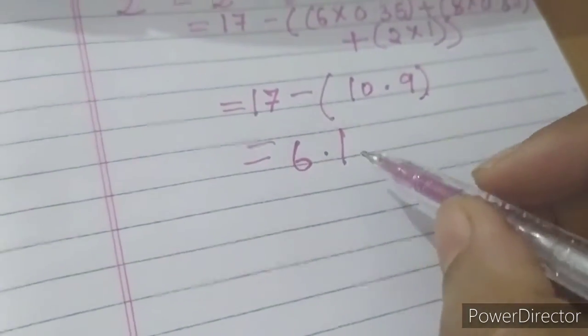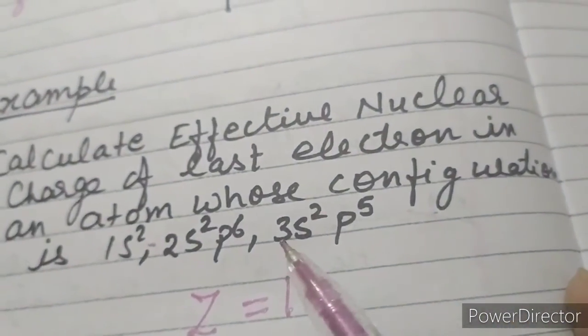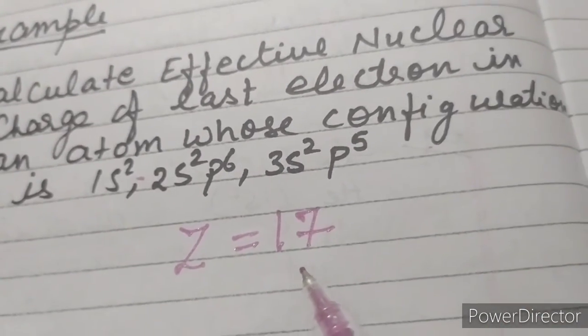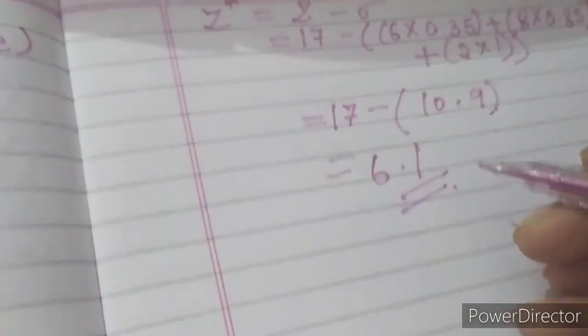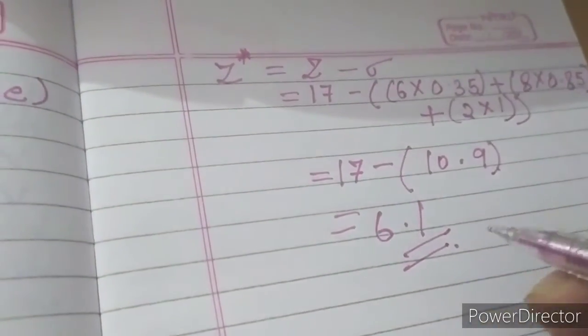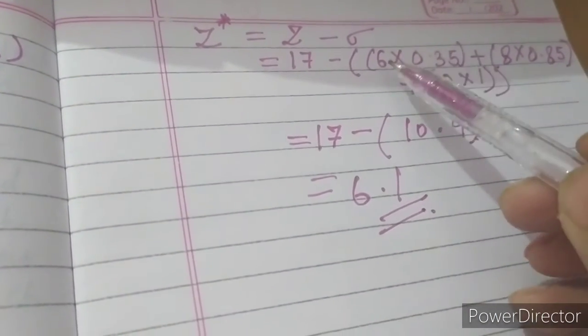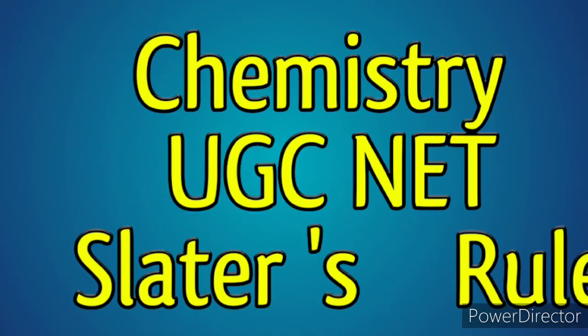So this will be the effective nuclear charge for the last electron of the atom whose configuration is this, and the nuclear charge is 17. So this is how you can calculate the effective nuclear charge by calculating the screening constant, the contribution of each electron to the screening constant, with the help of Slater's rule.